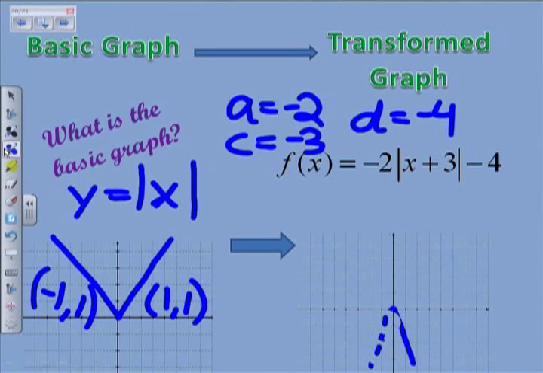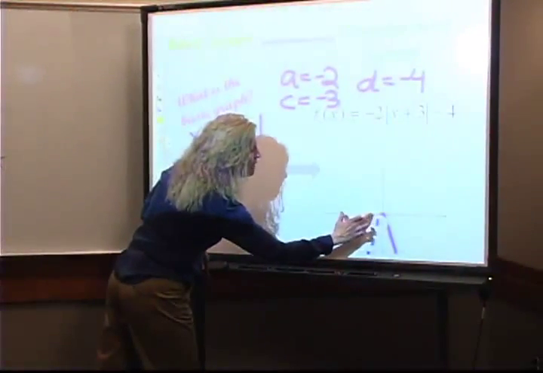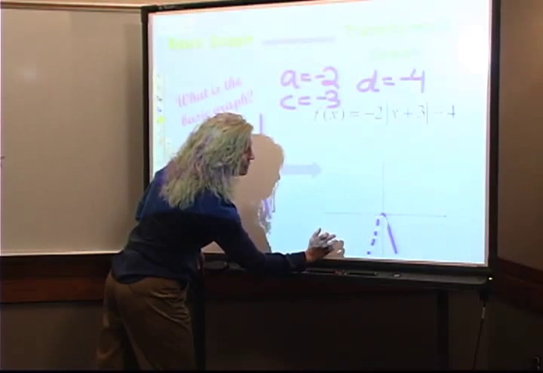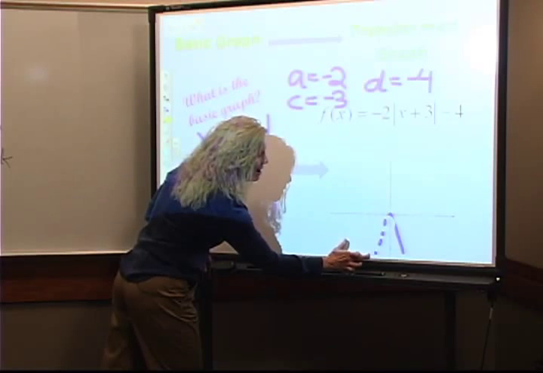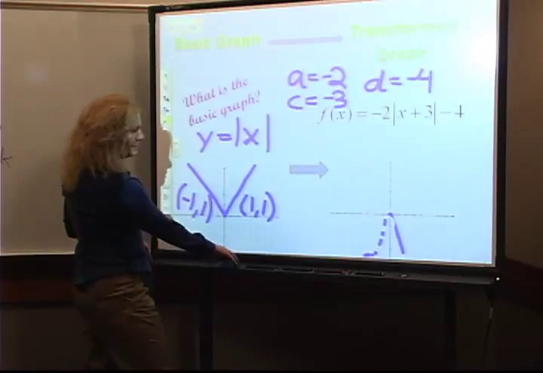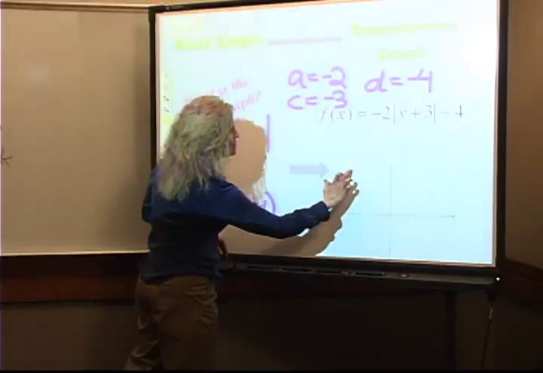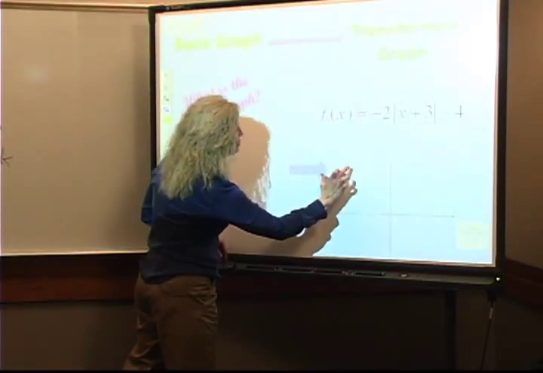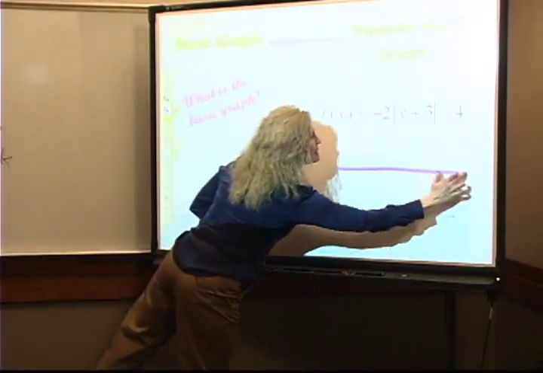And then I'm going to take that guy and I'm going to slide him, left 3 and down 4. Looks like I'm about out of space, but left 3, 1, 2, 3, down 4, 1, 2, 3, 4. Down there at the very bottom, I would have my curve and he would be opening downward. I'll tell you what, let's do this just to make my life a little bit simpler. How about if I start him right here to show you. We'll just make this my x-axis.